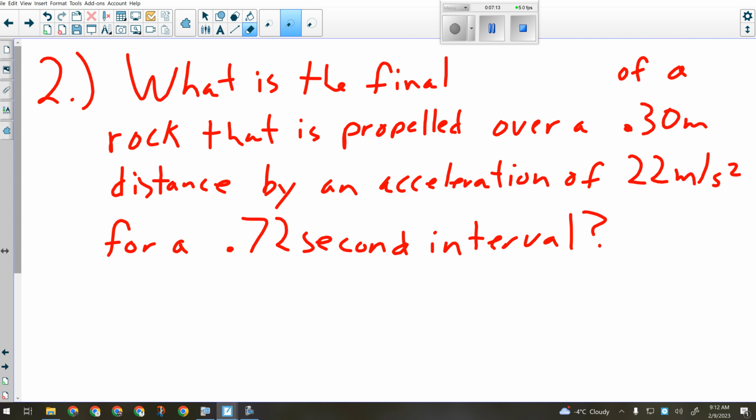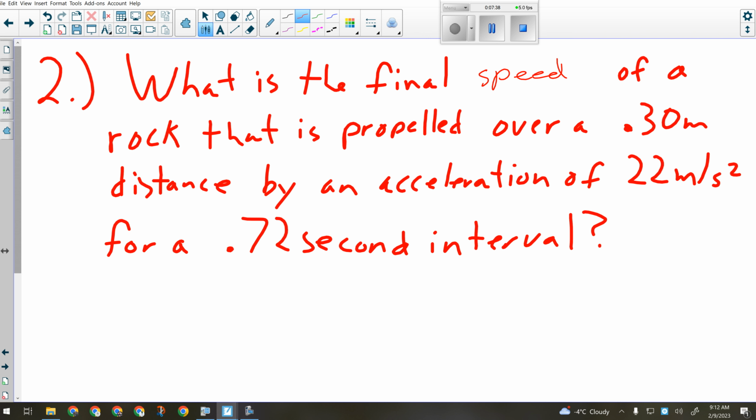There's no directions in anything in this question. I can't possibly calculate a velocity with everything else being a scalar quantity. So we're going to substitute in what should be there. What is the final speed of a rock that is propelled over a 0.30 meter distance by an acceleration of 22 meters per second squared for a 0.72 second interval?